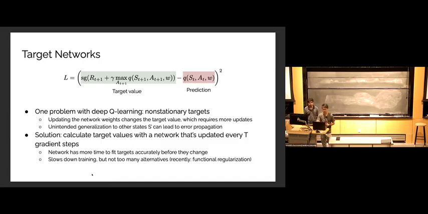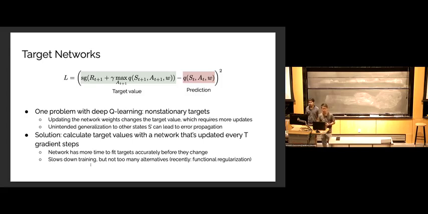The solution is that we can update the target network every T gradient steps. Basically, for T steps, you fix the target network, and after that, you update the target network once and continue updating your value function for T steps, and repeat this process.